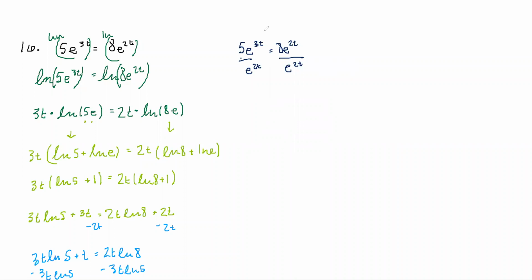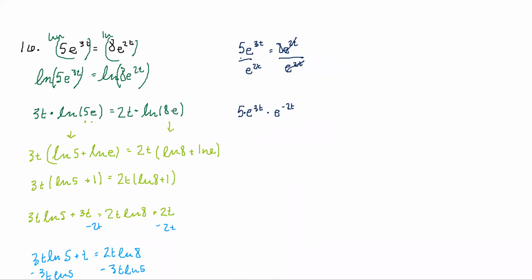So this would turn into, what does it look like when you have exponents and you're dividing an exponent that has the same base? Yeah, so this would be like saying this is 5 times e to the 3t times e to the negative 2t. So these would cancel out here.